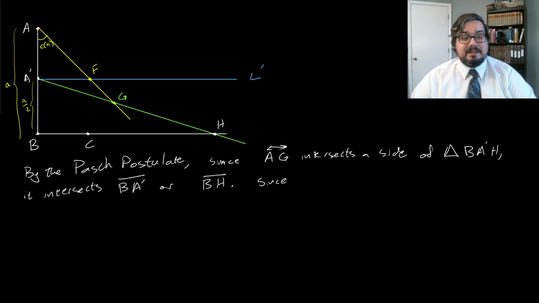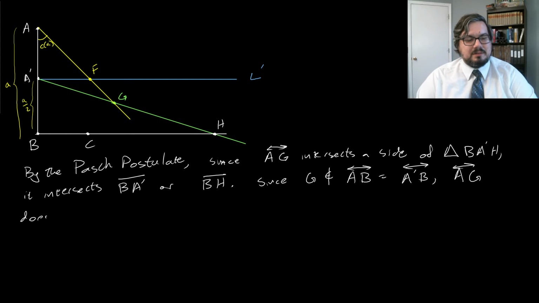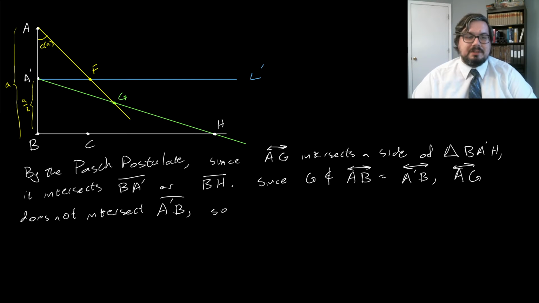But since G is not in the line AB, which is the same as the line A prime B, that tells us that the ray AG does not intersect the segment A prime B, and so we must have that the line AG intersects the segment BH.